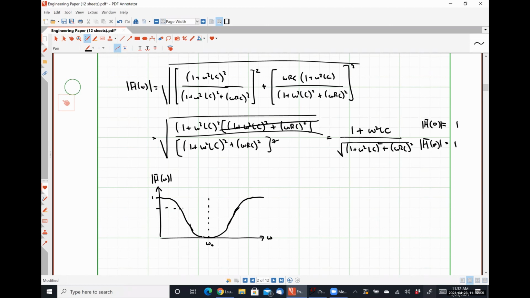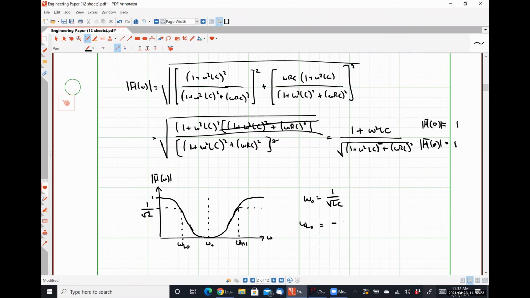And this frequency here will be omega low. This frequency here will be omega high, where omega low is the 3 decibel cutoff frequency for the low pass filter portion, and omega high is the 3 decibel cutoff frequency for the high pass filter portion, where omega naught is 1 over the square root of LC.